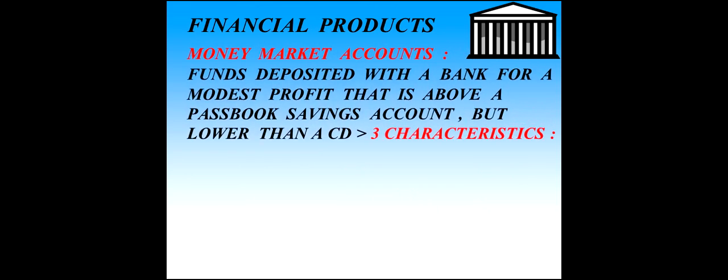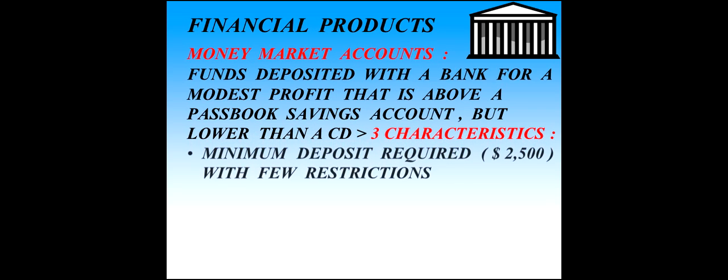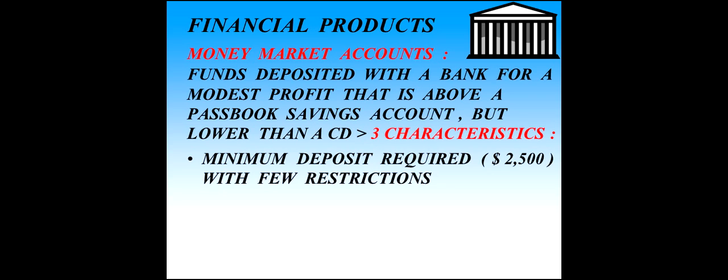The next investment product to look into is a money market account. Once again, these are funds that are deposited with a bank for a modest profit. And this profit will be above what you would get with a simple savings account, commonly called a passbook savings account, but lower than the CDs that we just looked at. Money market accounts have 3 characteristics. First, there's a minimum deposit required, usually $2,500, but there are relatively few restrictions put on the account.